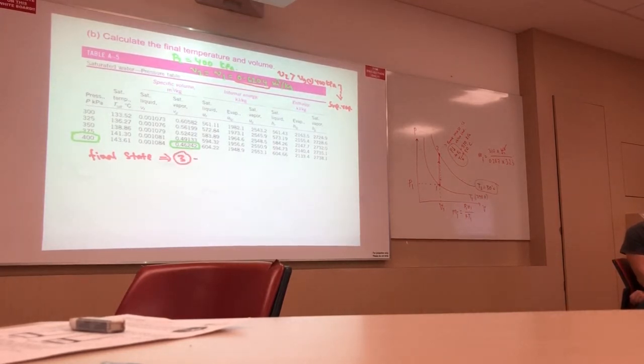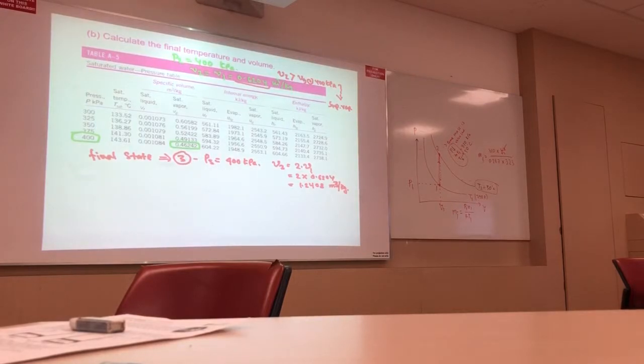At 3, we get P3, which is 400 kilopascal. And what is the V3? Double the initial volume, right? That means 2 times 0.6204, which gives 1.2408 meter cube per kilogram.